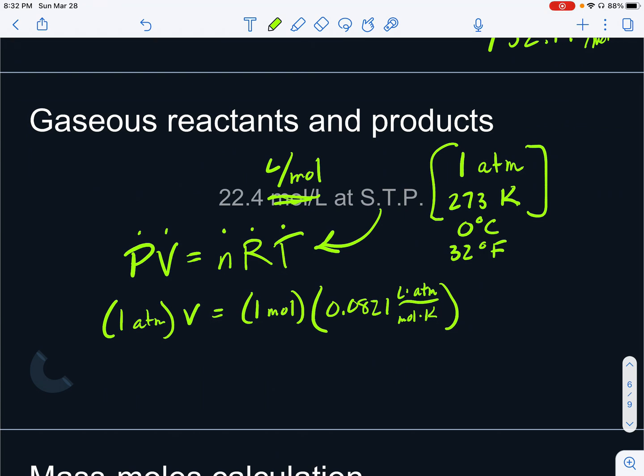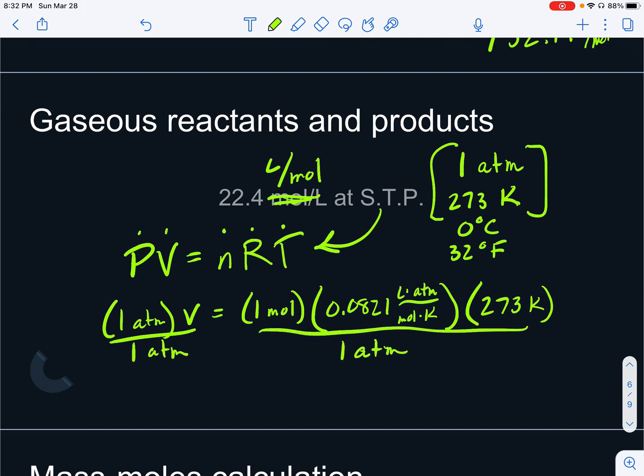So 1 atmosphere times the volume equals 1 mole times the ideal gas constant times 273 Kelvin. And you're going to solve by dividing both sides by 1 atmosphere. And so 1 cancels, moles cancel, atmospheres cancel, Kelvin cancels, leaves you at liters.